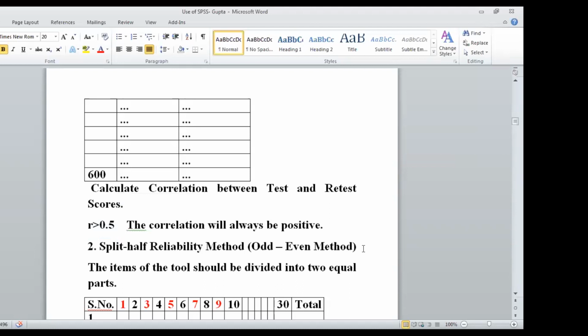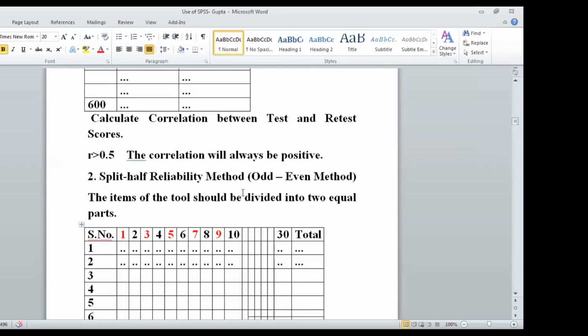If you have 5 positive, then in another part also 5 positive. If 3 negative in one part, in another part also should be 3 negative. If it is a test, then you can divide it on the basis of the difficulty level, discrimination index, type of item, etc.